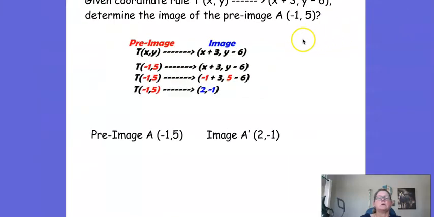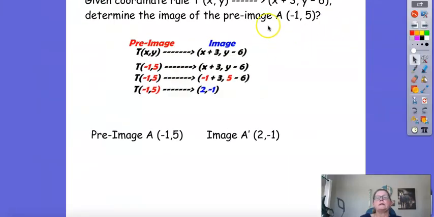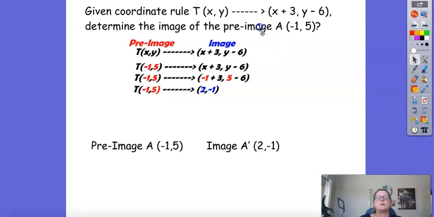Let's look. Okay, if you are given the coordinate rule T(x, y) maps to (x plus 3, y minus 6), and your pre-image is the point (-1, 5), that means you're going to put it in the coordinate rule. You're going to put -1 plus 3, and you're going to get a 2.